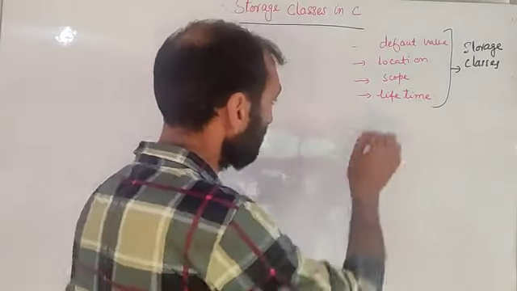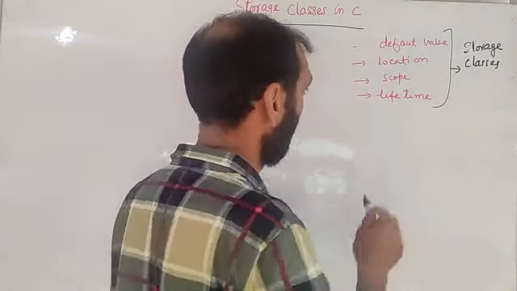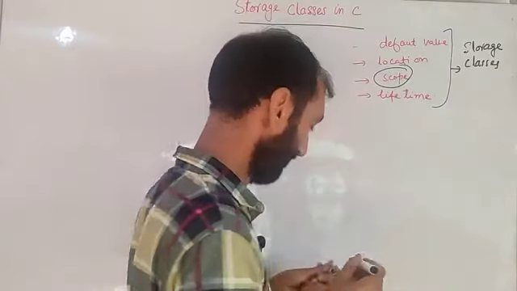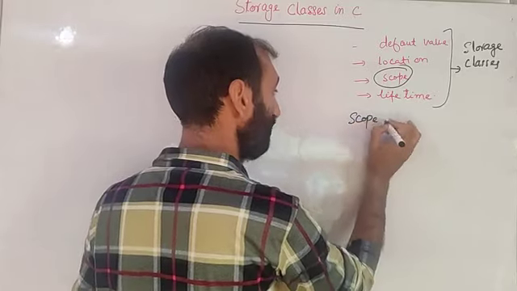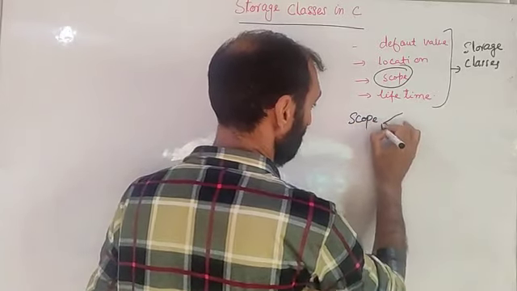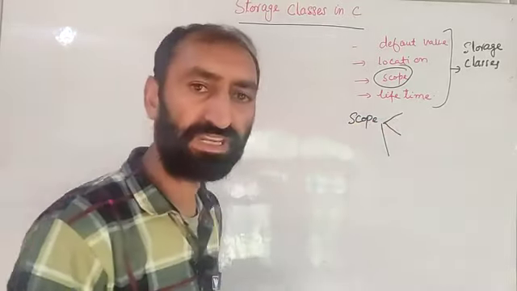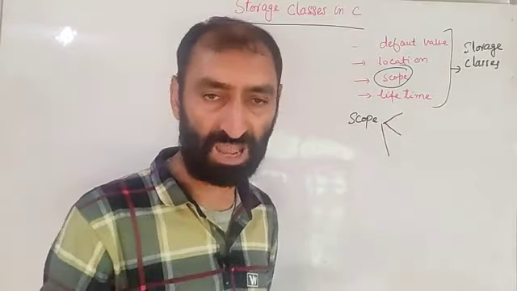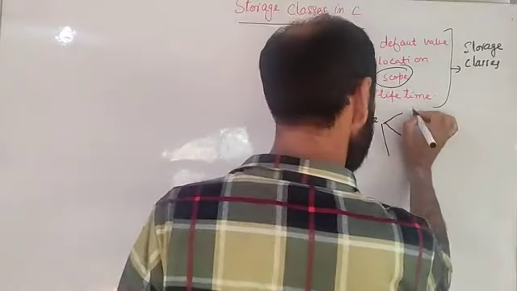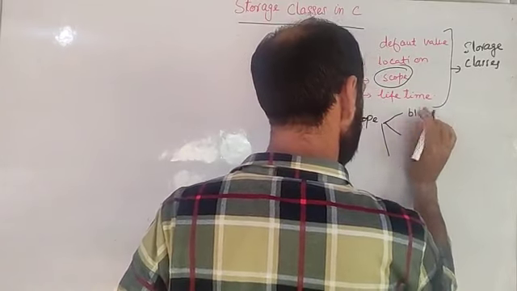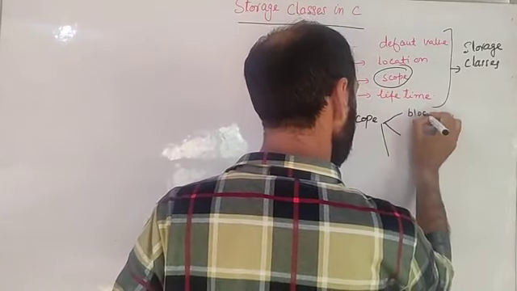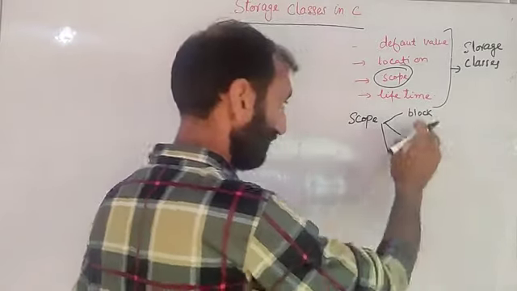And third one, which is most important, is the scope. What is the scope of this variable? When we talk about scope, there are three types of scope that a variable can have. First one is block scope.